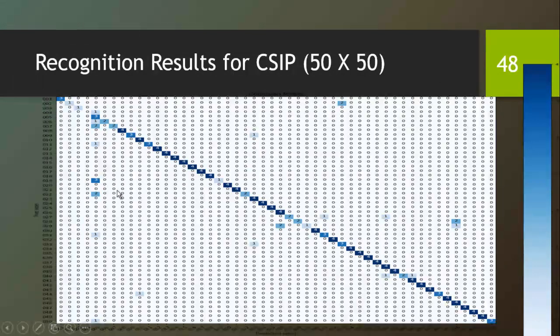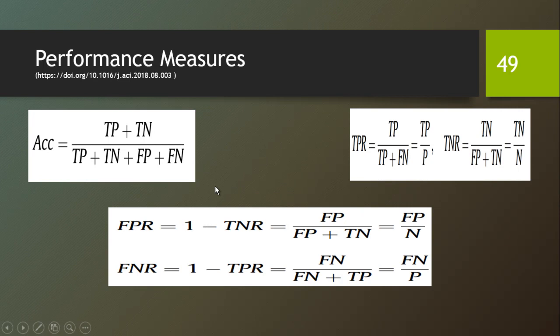The diagonal shows the correctly classified images, and the upper and lower diagonals show the misclassifications, the false positives and false negatives. Once the confusion matrix is plotted, I was able to determine the true positive rate and false positive rate.